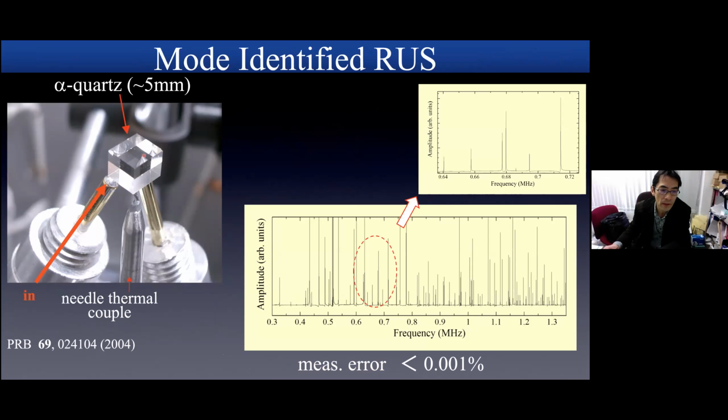This is the specimen; in this case the specimen dimension is about 5 millimeters in cube. And then the vibration of the specimen is measured by the other ultrasonic transducer, a piezoelectric transducer.